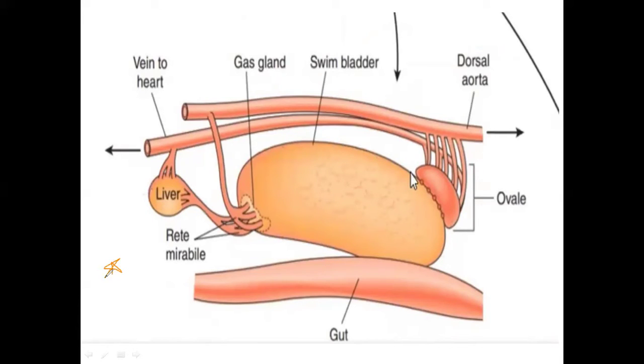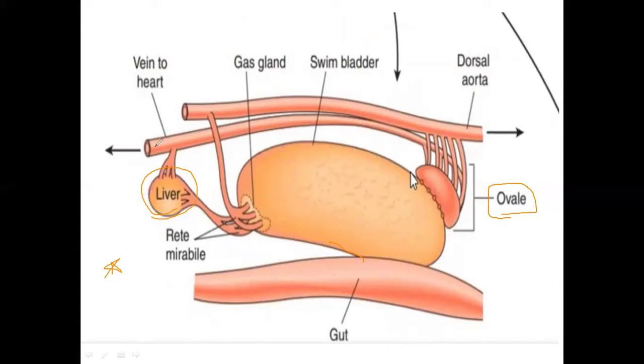If you write the answer, try to draw this diagram also. So this is the structure of the swim bladder. This is the esophagus, and from there it rises. The posterior structure gives rise to an oval gland. The anterior part is connected with the liver.